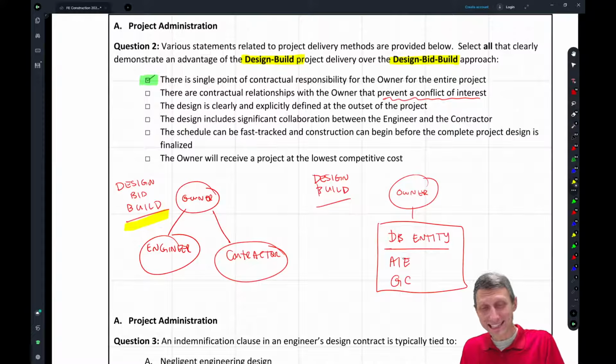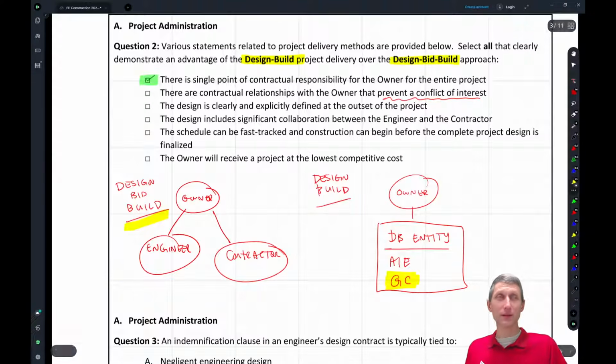In the design build version, especially if the GC is kind of like the prime or the lead on the design build entity, you can get the problem where the contractor's kind of pressuring the engineer to do something, or there's a financial incentive to the engineer to do something that maybe would be beneficial to do a different way.